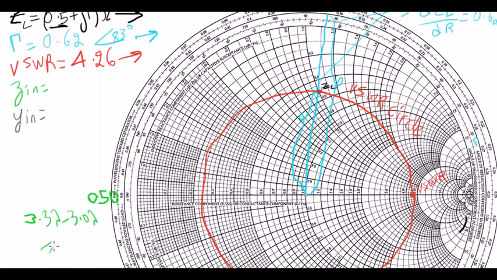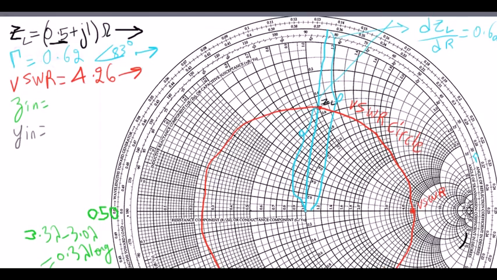We'll end up with 0.3 wavelength. So now we're working with 0.3 wavelength. How do you move 0.3 wavelength?